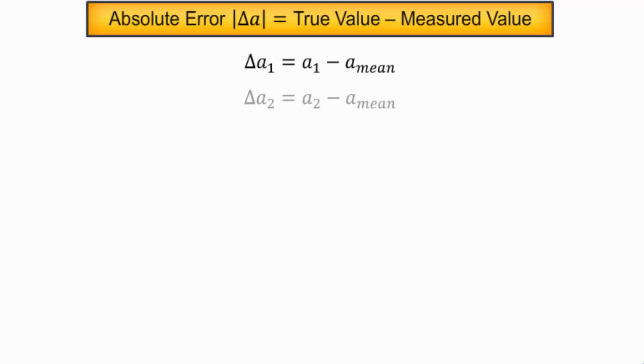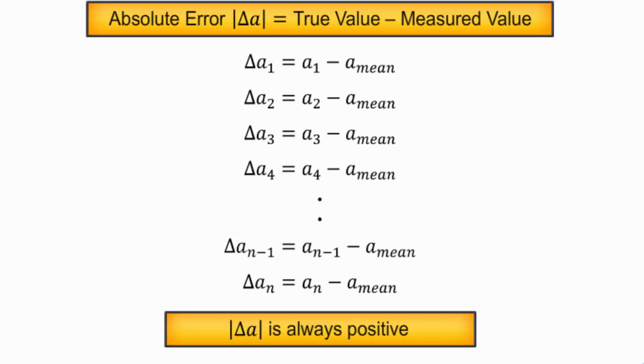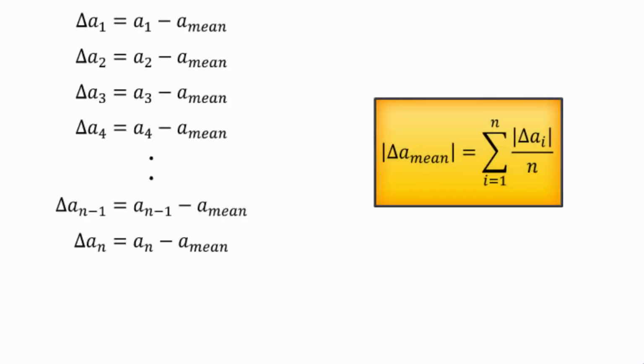Delta A2 is equal to A2 minus A mean, and so on till delta An is equal to An minus A mean. Individual error, delta A, may be positive or negative. However, absolute error, mod delta A, is always positive. Mean absolute error is the arithmetic mean of absolute errors of all measurements.